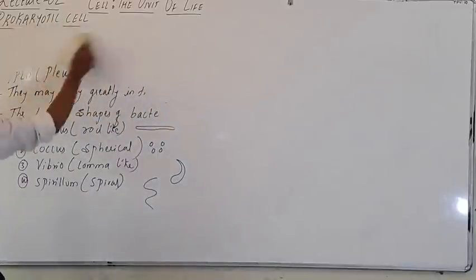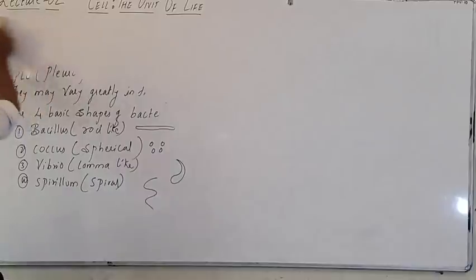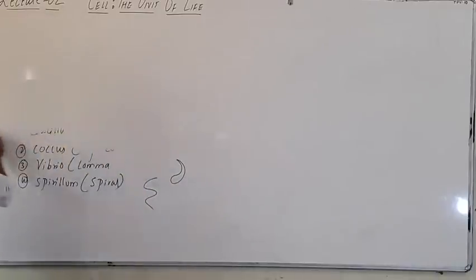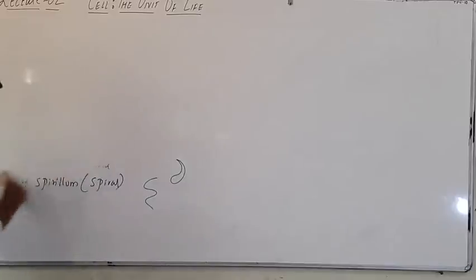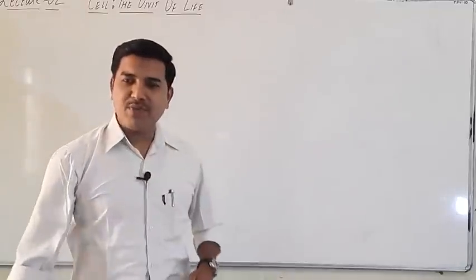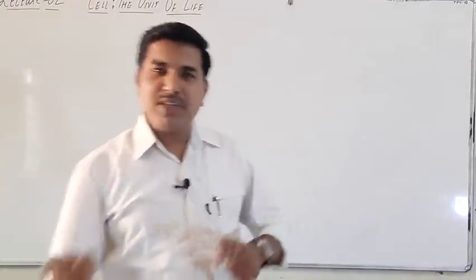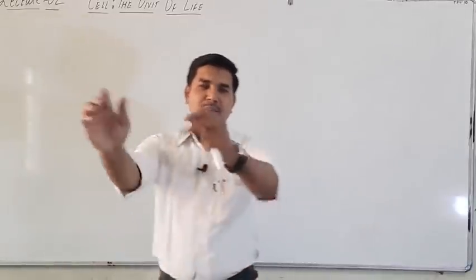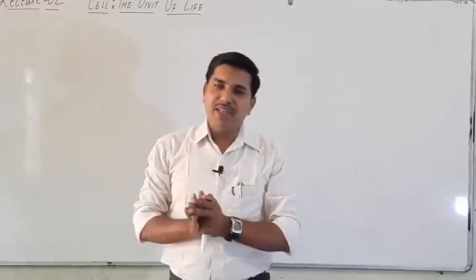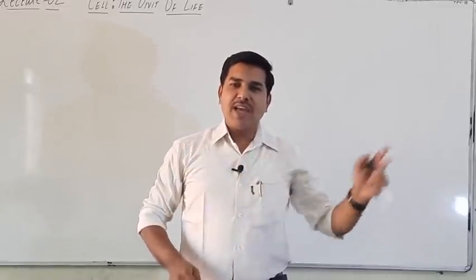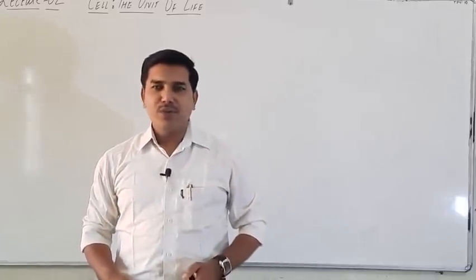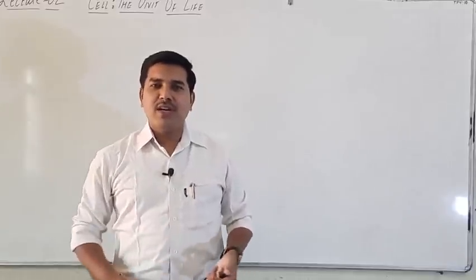Now explanation is more based on the diagram. So do not forget the diagram, because as we go on explaining statement wise, if you remember that diagram, then you can write all the characters of the bacteria. So that's why the diagram of a bacteria is most important. So let's go to the diagram of the bacteria.